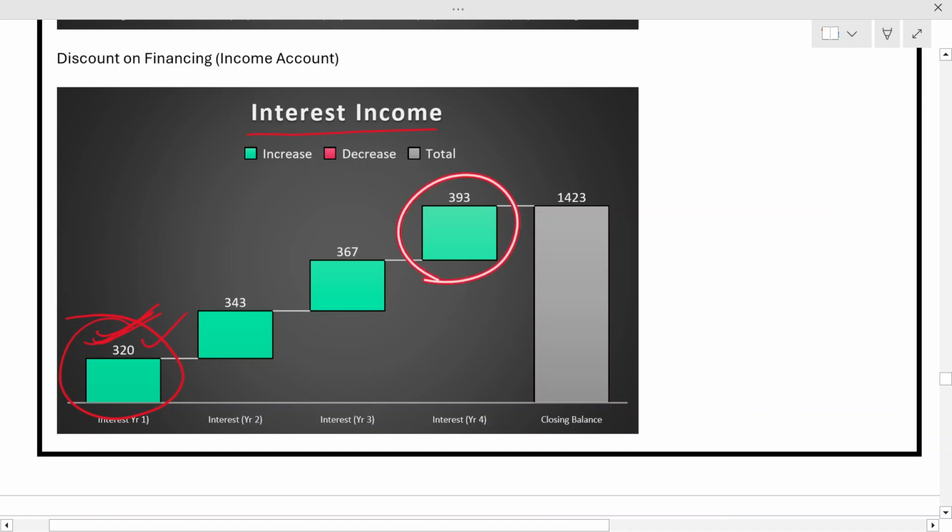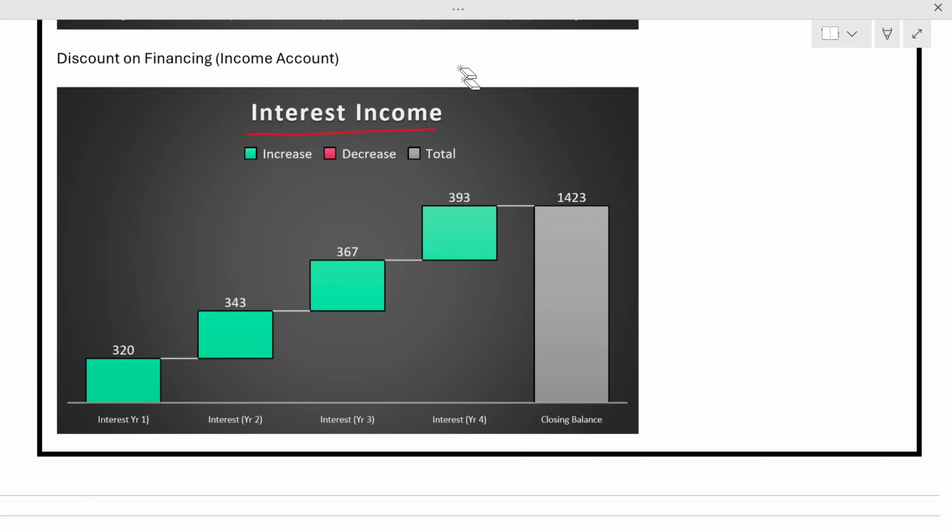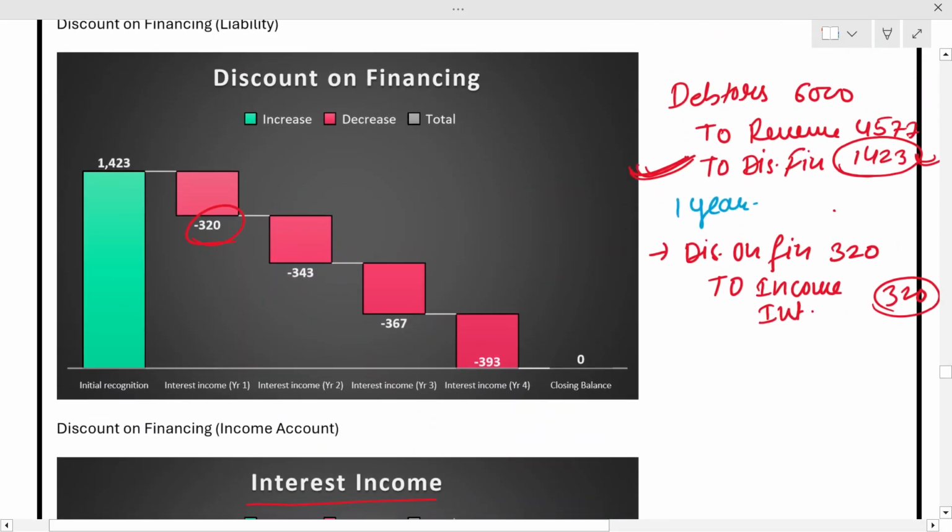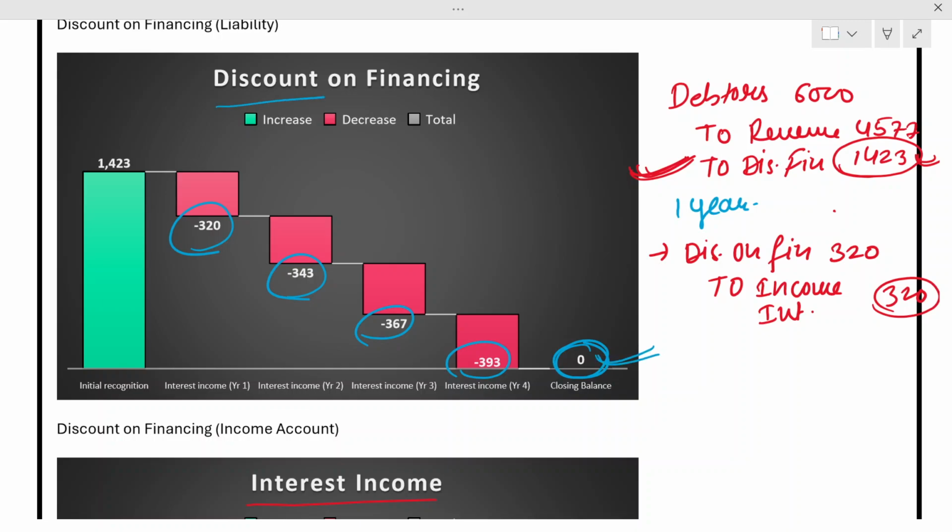Now at the end of the fourth year, the interest income in totality has become 1423, which is your closing balance, which was there since our beginning. Effectively, the discount on financing account that you created is getting reduced, and after the fourth year it will become 0, because the discount on financing has shifted from a liability account to your interest account.